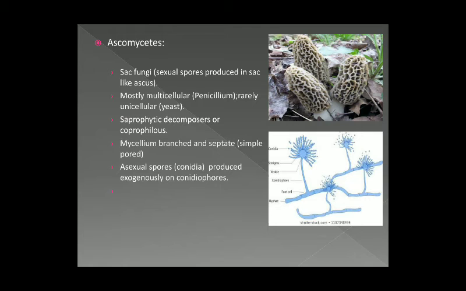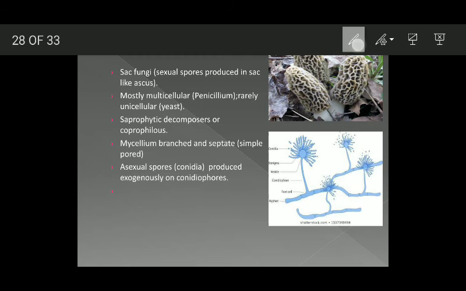So those fungi in which sexual spores are produced in a sac-like structure, the ascus, are known as Ascomycetes. Ascus is simply a sac-like structure, and inside it ascospores are produced. Usually 8 ascospores are produced.